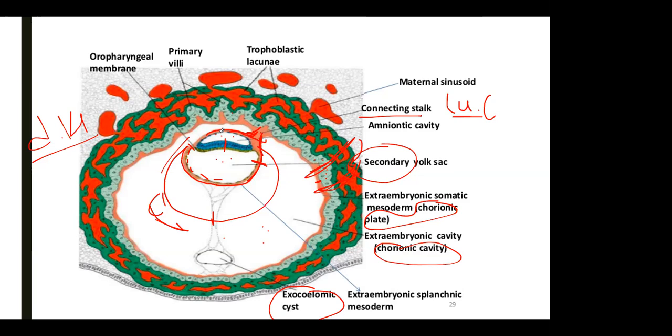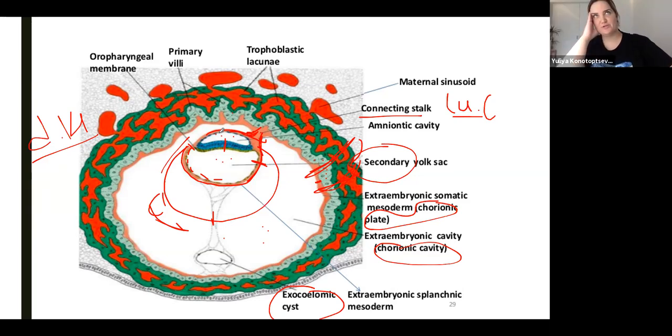Sorry, I have a question. What's the difference between the hypoblast cells in Heuser's membrane and the ones that line the secondary yolk sac? Very good question. Without going into too much detail, the cells in Heuser's membrane give rise to mesoderm. Mesoderm is different from hypoblast.